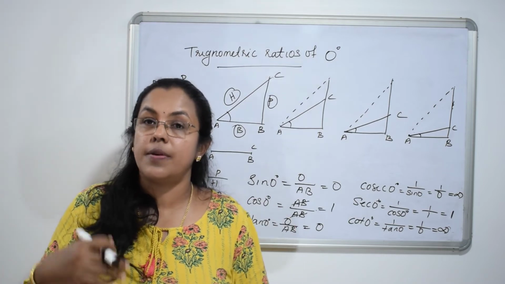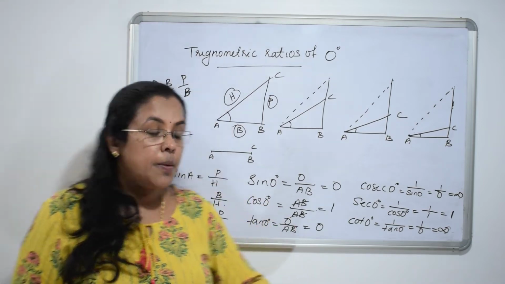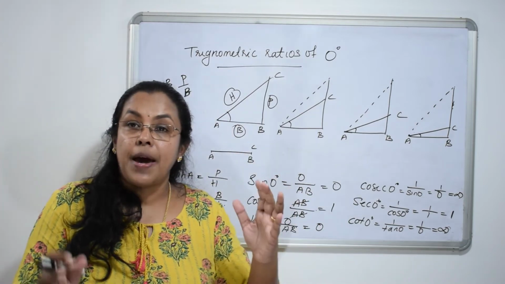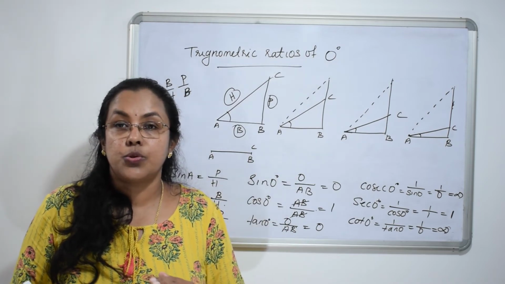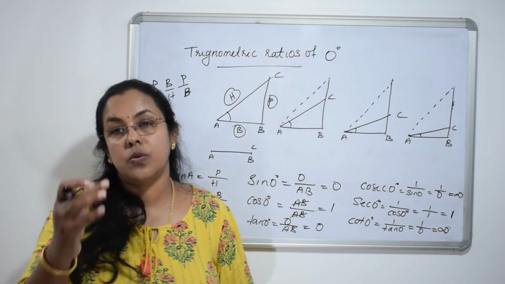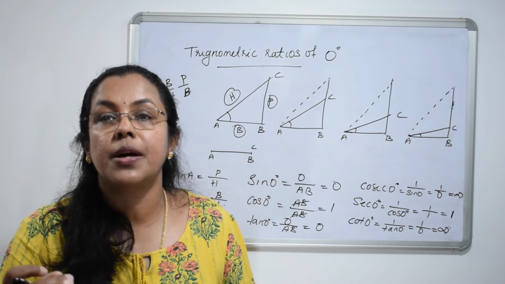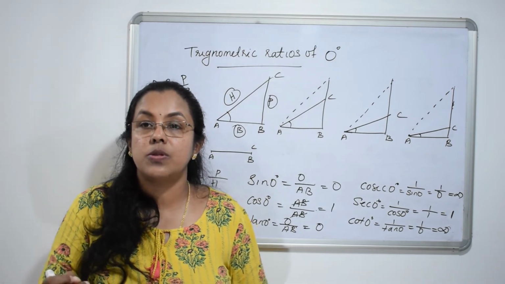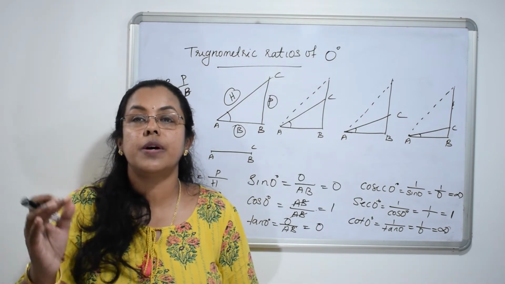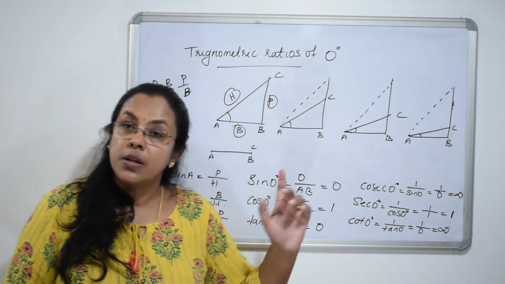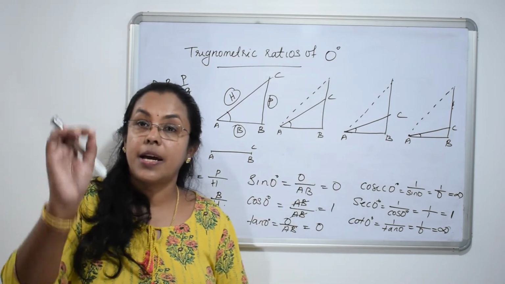Why is it so? I will explain it later. In the same way we will pair 0 and 90 degree too. 45 is independent, whose values are 1 by root 2, 1 by root 2, 1. The rest of the values are root 2, root 2, 1. It's enough. Now, sin 0 is 0. Again there is a rhythm.